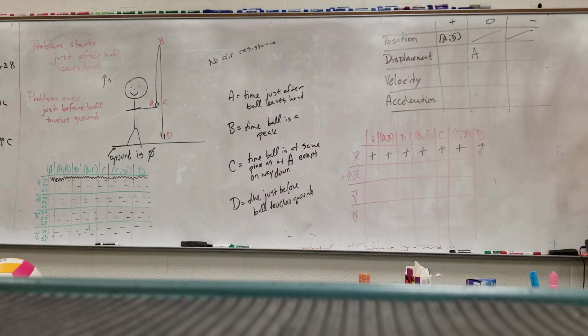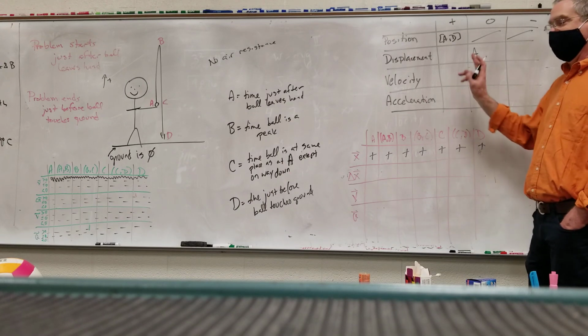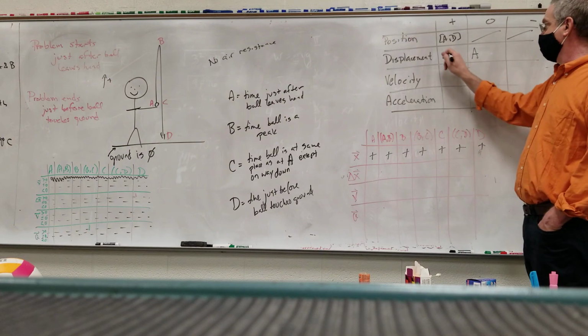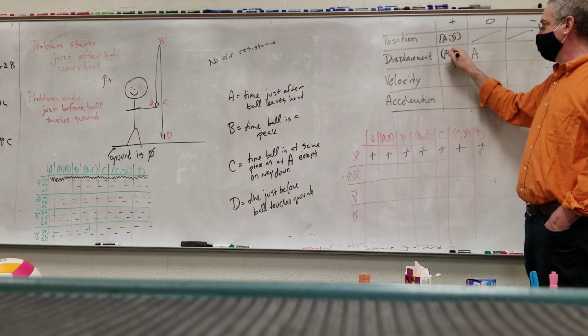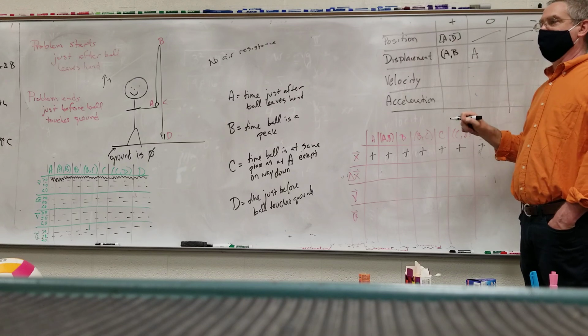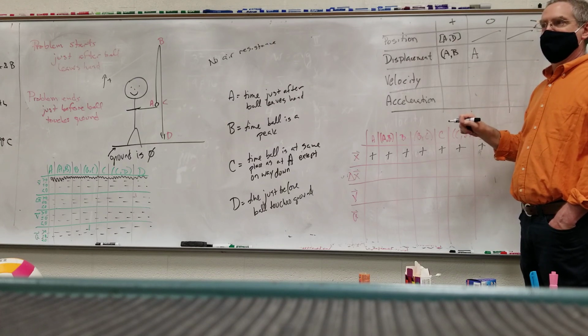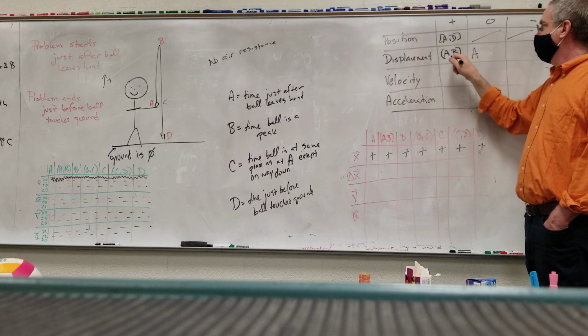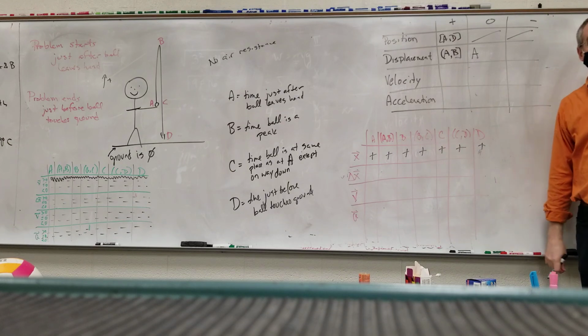When is the displacement on the positive side of the starting point? Okay? That is true. It can't be at A because at A I've already got 0, so A to B. Am I including B? Yes. Anywhere else?